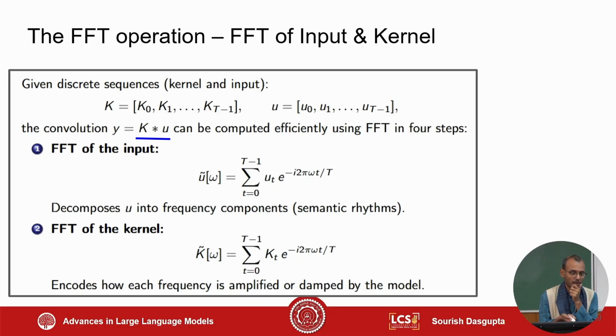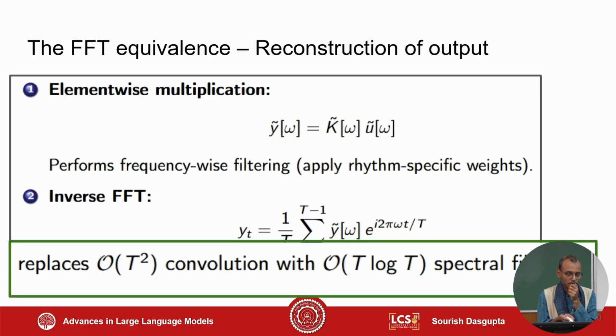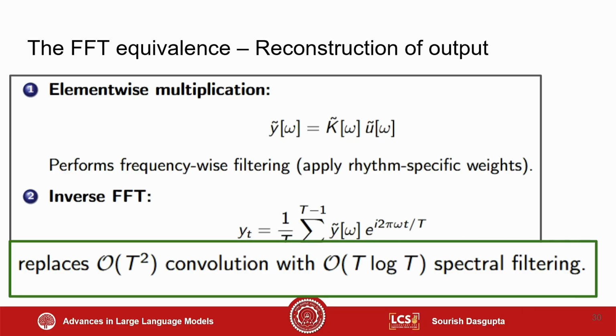So that is the idea. This is the element-wise multiplication, and you apply the inverse to that to get y t. So it replaces the t squared complexity with t log t complexity.